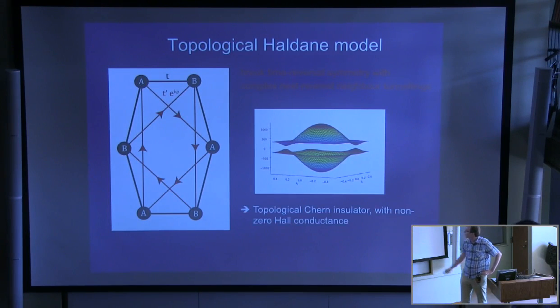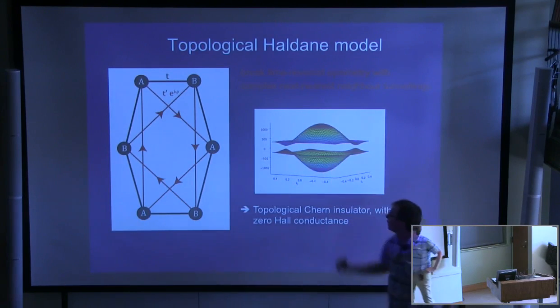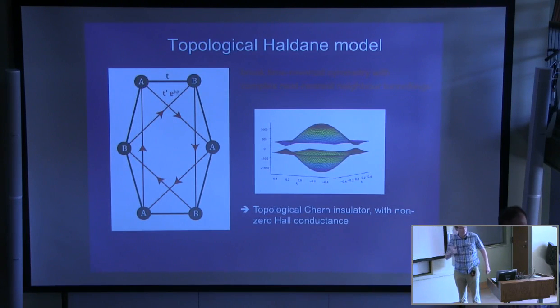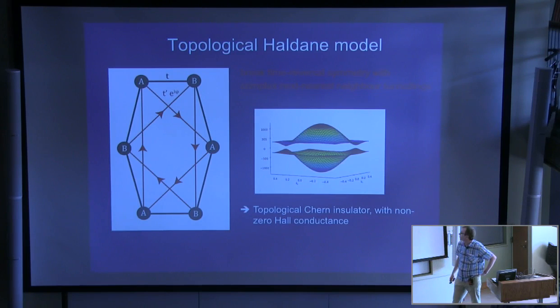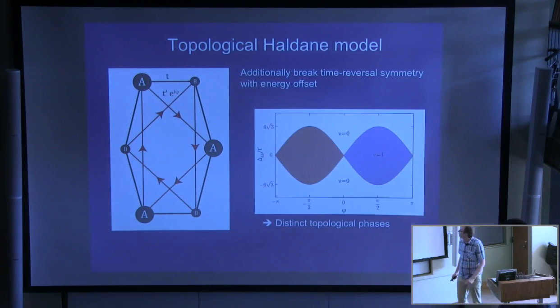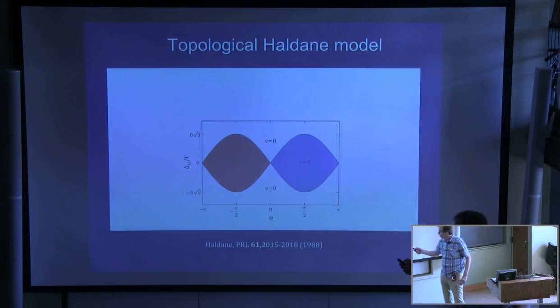Now, if you have the situation that they have the same Berry curvature, that corresponds to the existence of an edge state, and you have a non-trivial topological Chern insulator. Okay, you can also break in addition the inversion symmetry, and then you can get the phase diagram of the Chern insulating phases and the band insulating phases.